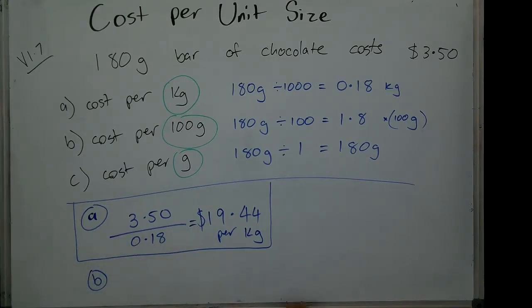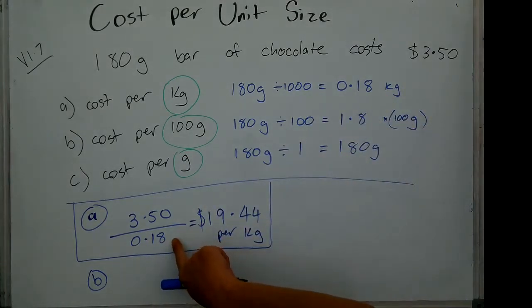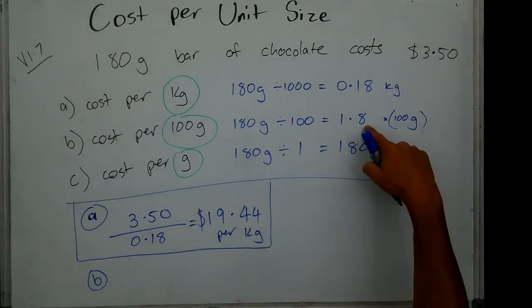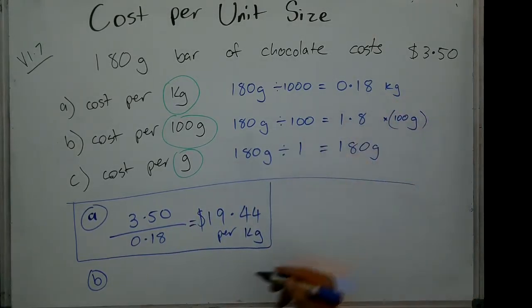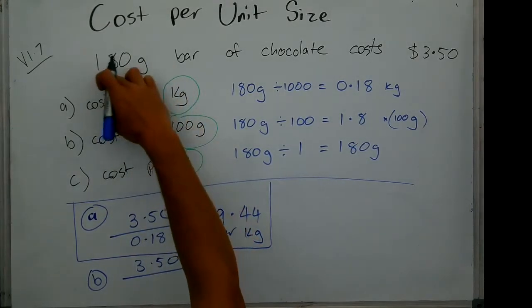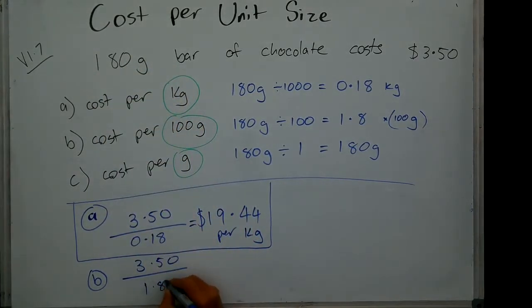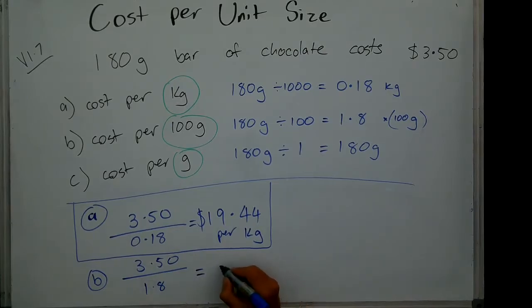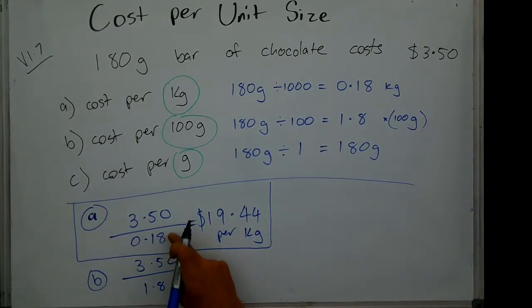B, it's the same calculation, except instead of 0.18, we're going to be using this number. So the cost per 100 grams is $3.50 divided by the amount of 100 grams, 1.8. And this equals, now I want you to notice that there's just a factor of 10 in there.